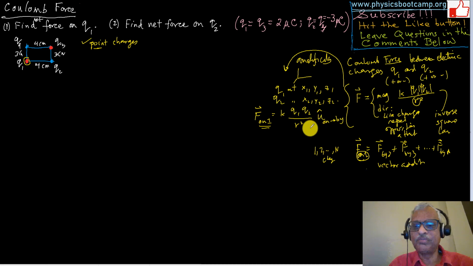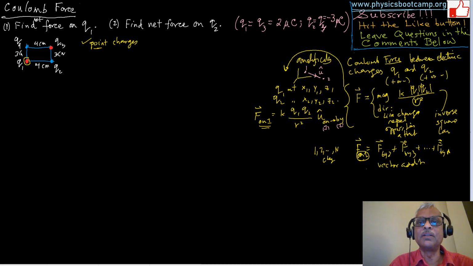Here there are only 2 charges. So in this example, on is 1, so it's the 1 to 2 direction. If 1 was here and 2 was here, this unit vector is in that direction. If this is positive, then you want the force to be in the opposite direction.